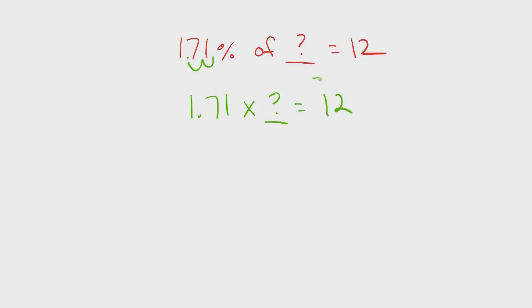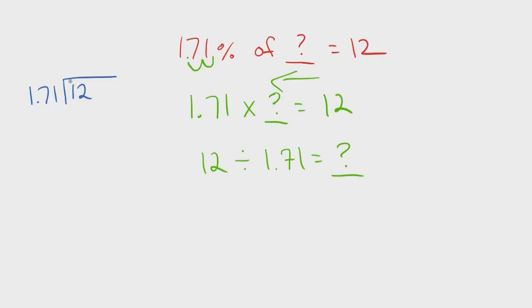And I'm going to rewrite this, so we're going to go in the opposite direction. So I'm going to say 12 divided by 1.71 equals an unknown number. And we got a division problem again. So we've got 12 divided by 1.71. We're going to need to move the decimal 2 spaces to make the 1.71 into a whole number.